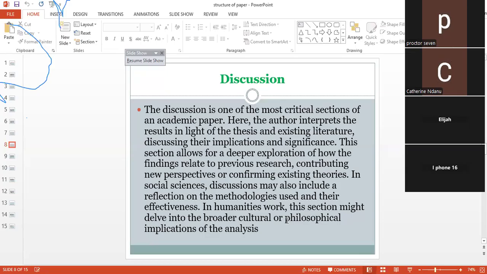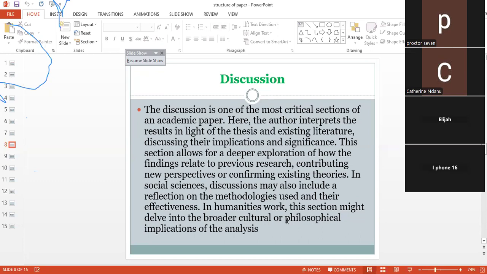If you went out to find the causes of poor performance among university students, then you interpret using the theories. You now interpret those particular results. You interpret the results in the light of the problem statement.